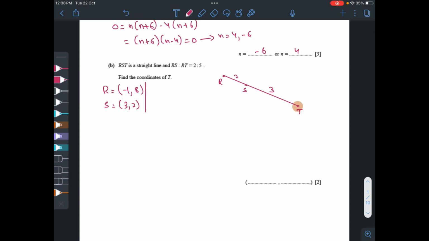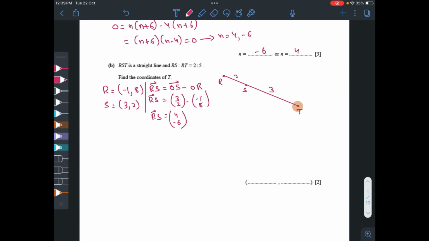The vector RS is OS minus OR. So RS is equal to (3, 2) minus (-1, 8). Subtract them both. RS comes out to be 3 plus 1, 4, and 2 minus 8, -6.